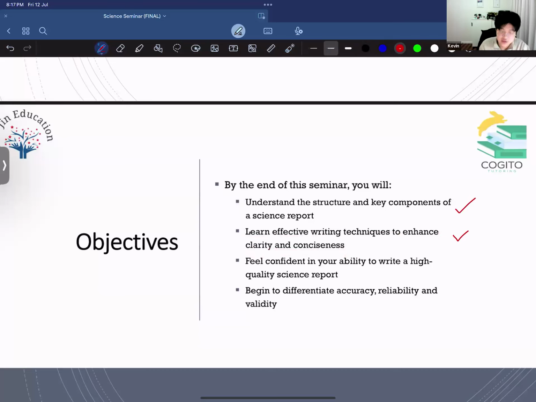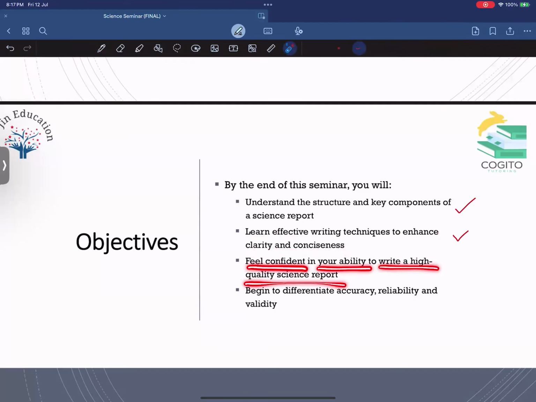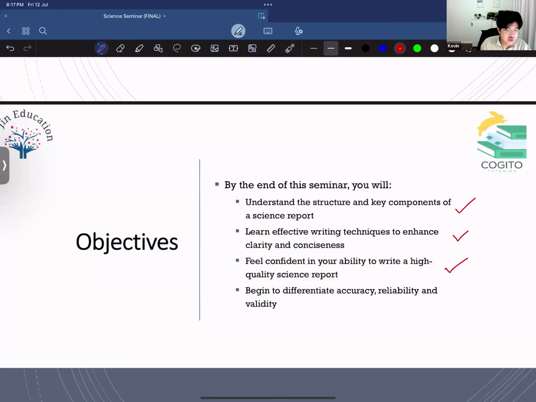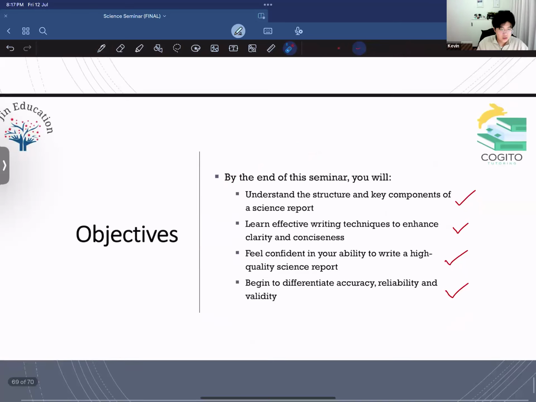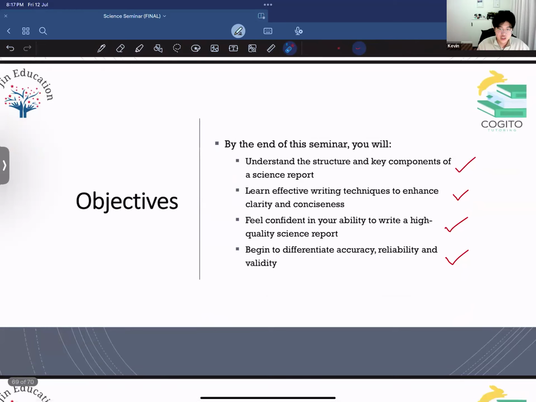Hopefully that's also a tick through all the examples I gave you. Hopefully you guys feel confident in your ability to write a high quality science report. Hopefully that's also a tick. And the last bit which we talked about is differentiate accuracy, reliability, and validity. Hopefully that's also a tick. There's only 4 objectives. Look at it and try to tick them off. Hopefully I did a good job and you guys actually met these objectives.